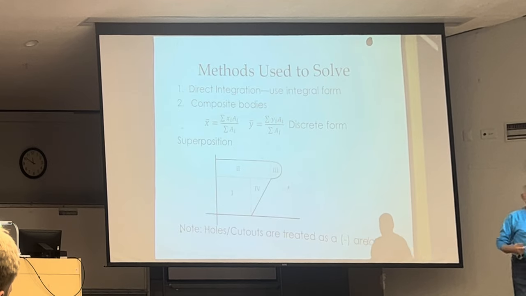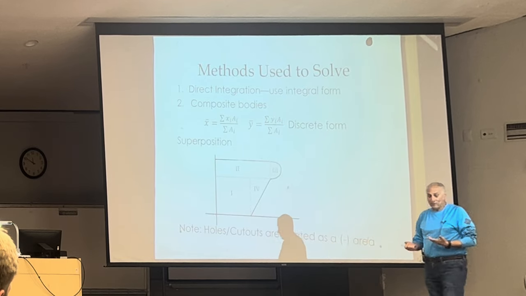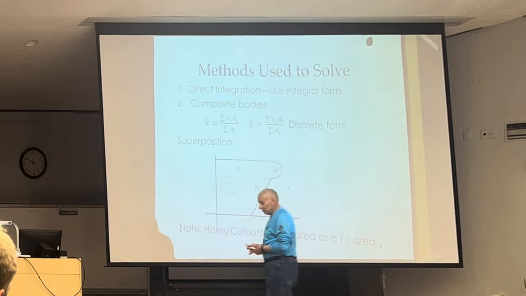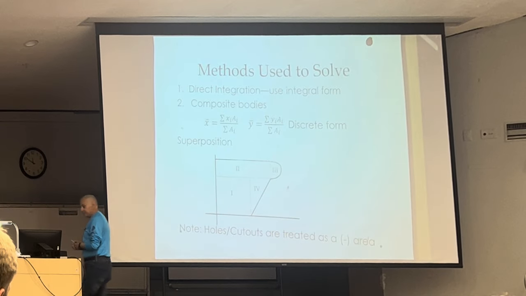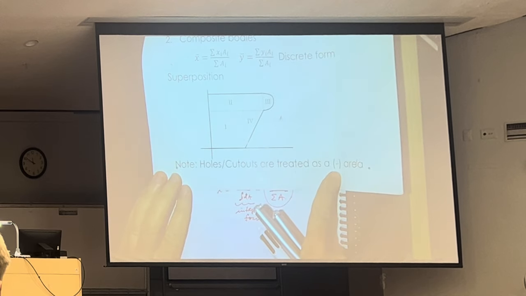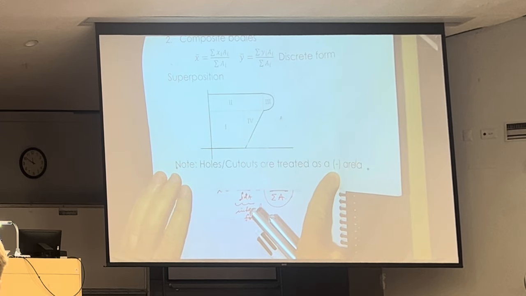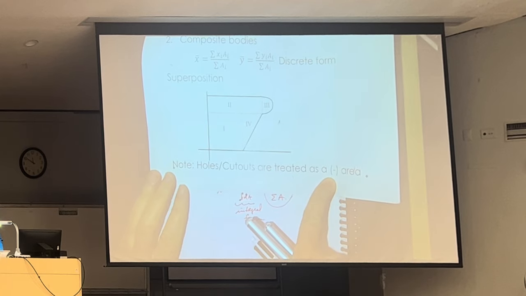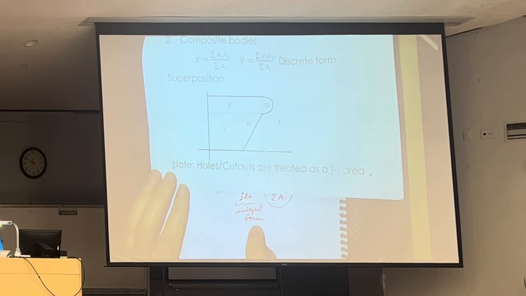That's it. It's not that hard. I told you, test number 3 is not hard. I didn't lie to you. Okay? Now, if you have some sort of hole or a cutout, you're going to treat it as a negative area. Simple as that. Where am I going to get you? You'll forget the negative sign because you're not paying attention to details.